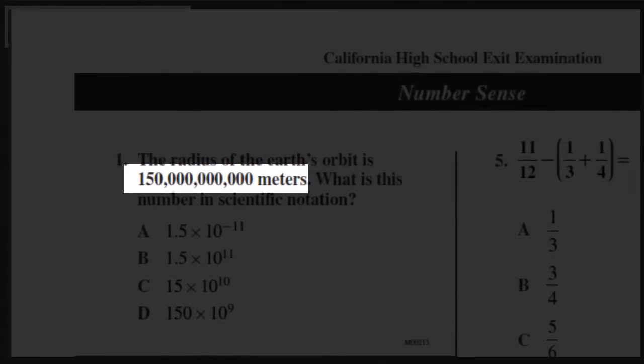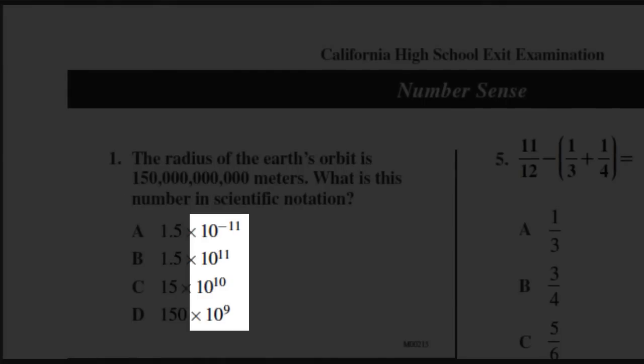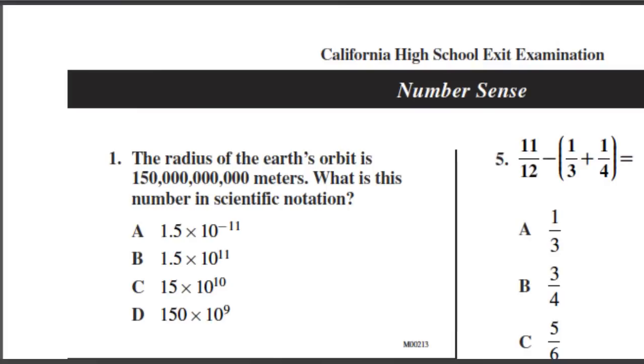You may also notice that the answers all include a 10 with a little number on top, like a -11, a little 11, positive 10, positive 9, etc. To answer this problem, we need to know what scientific notation is. But before I answer that question, I need to answer a more fundamental question. What is a 10 with a little number on top?